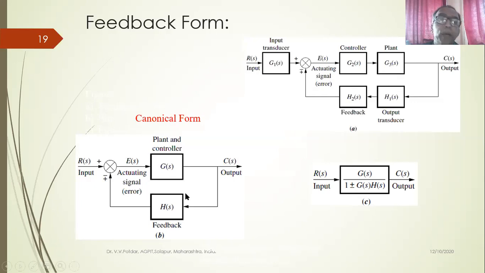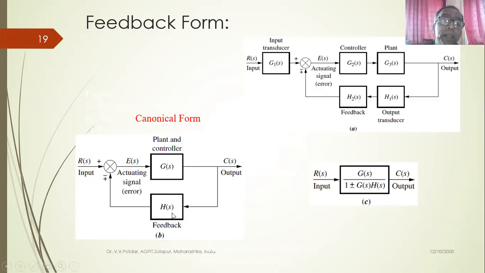When I convert it, in the feedforward path I have only one block, plant and controller. G(s), in this case, will be equal to G2(s) into G3(s), and the feedback path elements I also combine into a single block as H(s). H(s) will be equal to H1(s) into H2(s) by using the cascade or series law.